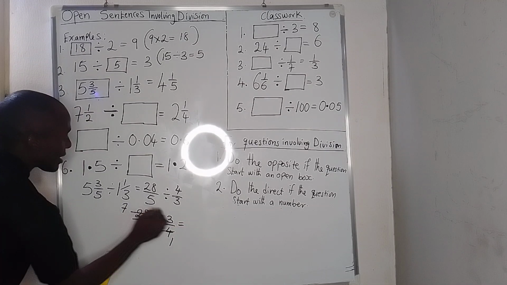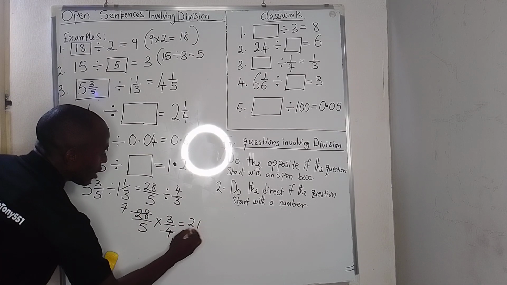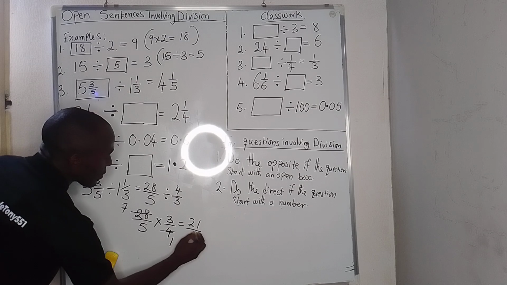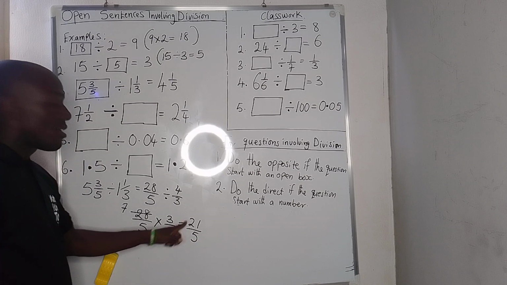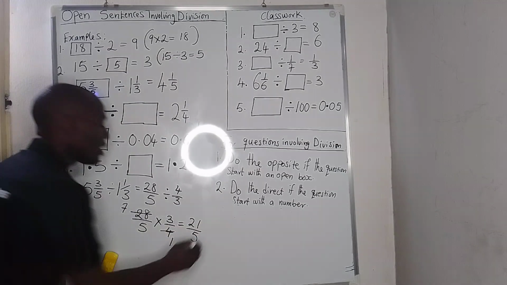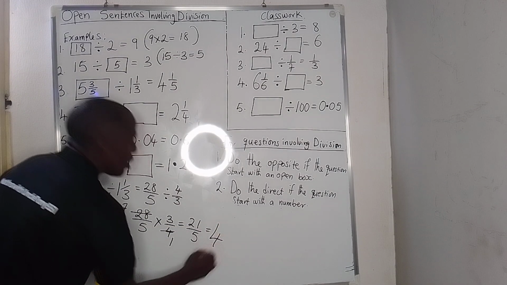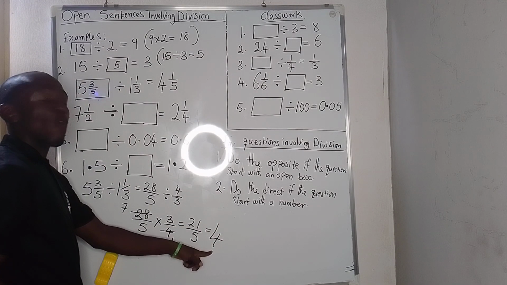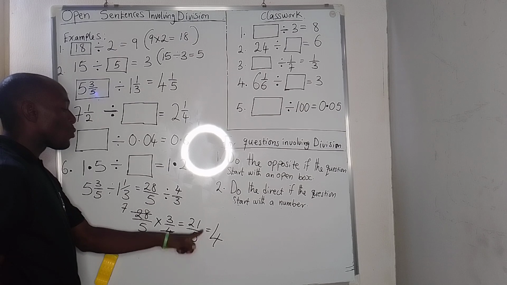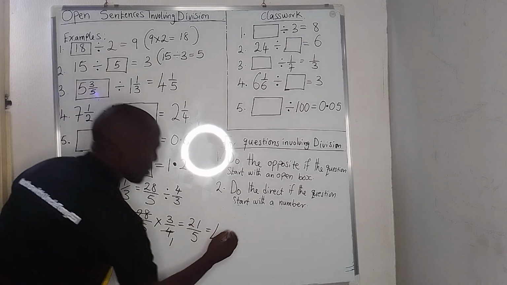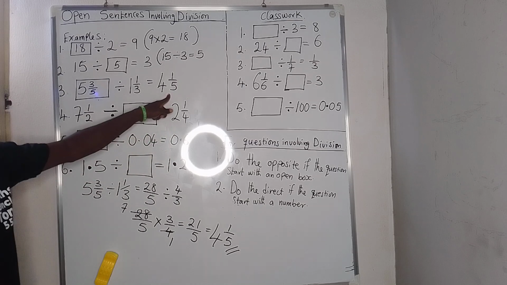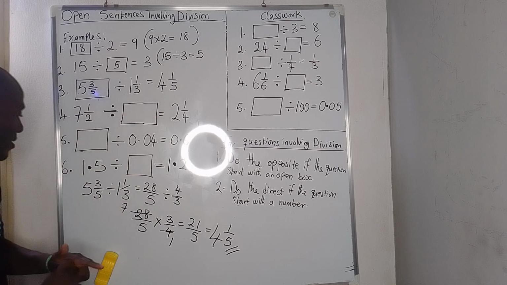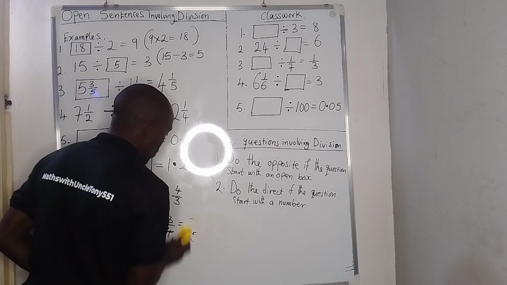So we now have 7 times 3 is 21. 5 times 1 is 5. How many times will 5 go into 21? It will go 4 times, because 5 times 4 is 20. So we take away 20 from 21, we are left with 1 over 5. Yes, our answer is correct. So let's quickly look at the next question.